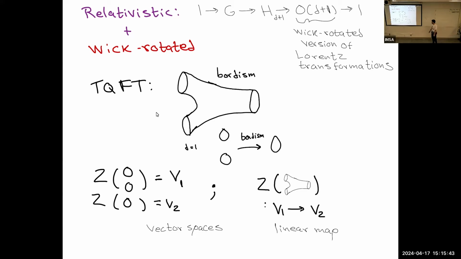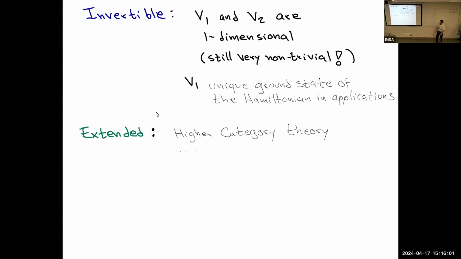What our TQFT does is it assigns vector spaces to the boundary of this whole thing, and to the whole thing it assigns a linear map between them. Are there any questions? I'm here being very brief, not giving any details.